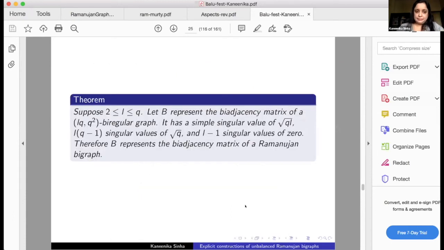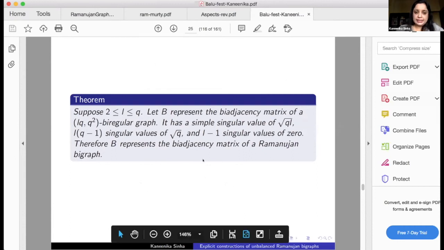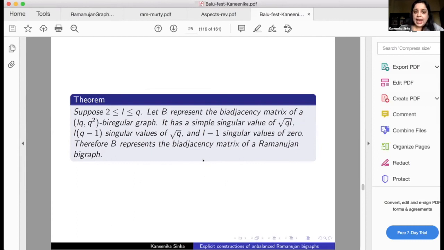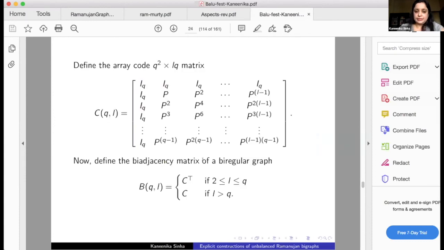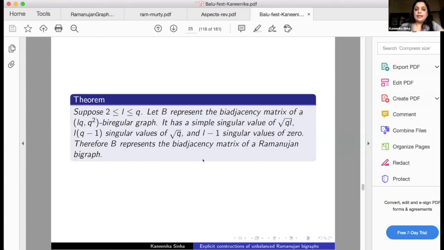With this in place, the first theorem is that we take L to lie between 2 and Q. So that's the first case. And let B, as we constructed previously, so in this case it is C transpose, represent the biadjacency matrix of an LQ comma Q square biregular graph.